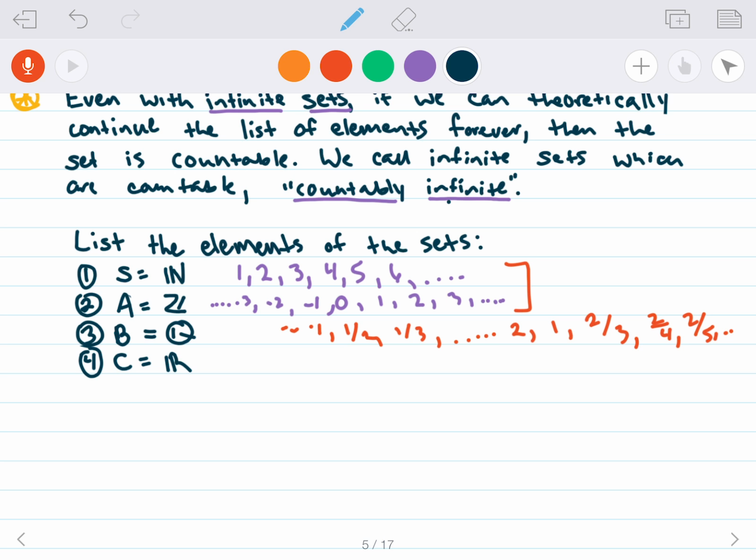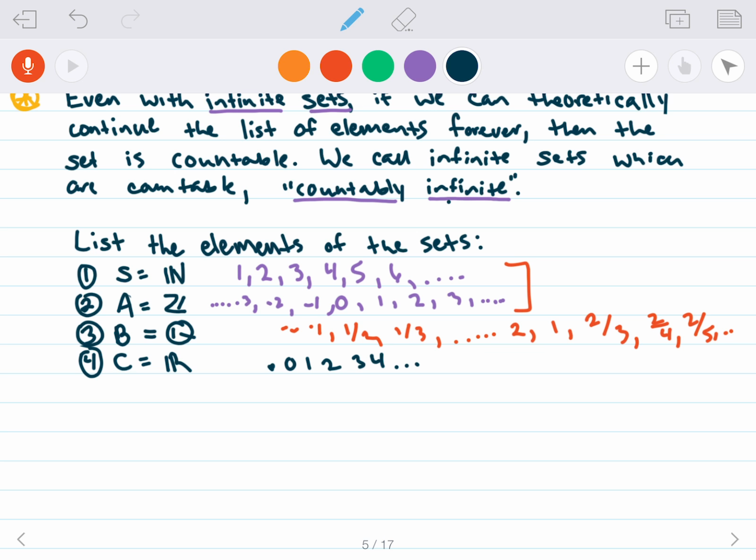You don't just have numbers 0, 1, 2, 3, 4. You could say, oh well, decimals of this form are countable, but you could have weird things happen like non-pattern decimal expansions. And so there's no way to theoretically list every single real number.